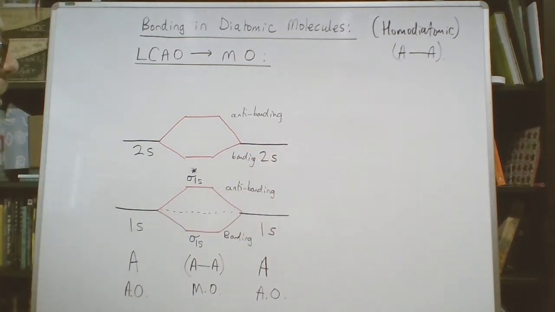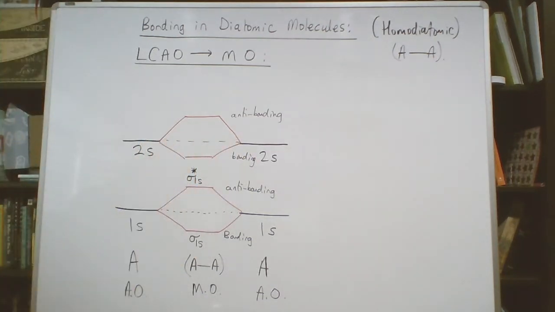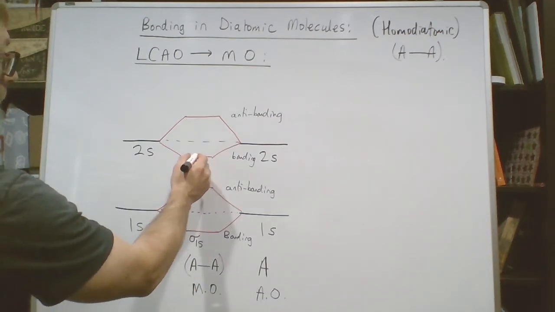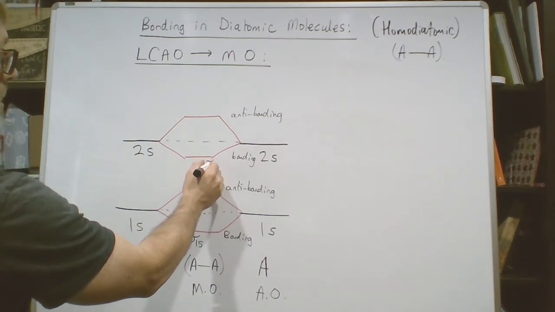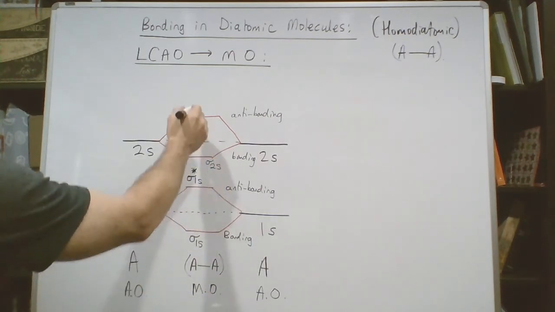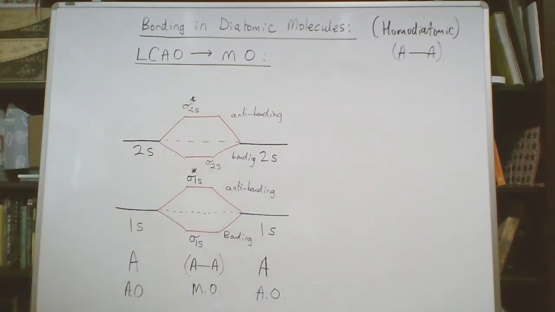Notice that the anti-bonding is always destabilized with respect to the barycenter, and the bonding is always stabilized with respect to the barycenter. And I could have a sigma 2s molecular orbital versus a sigma star 2s molecular orbital.